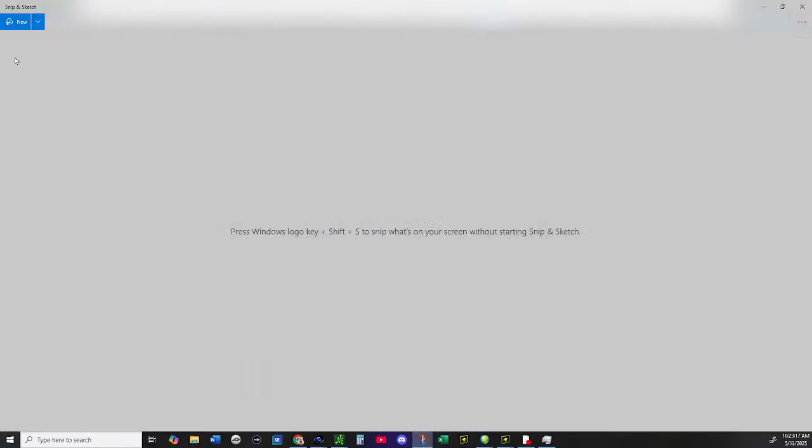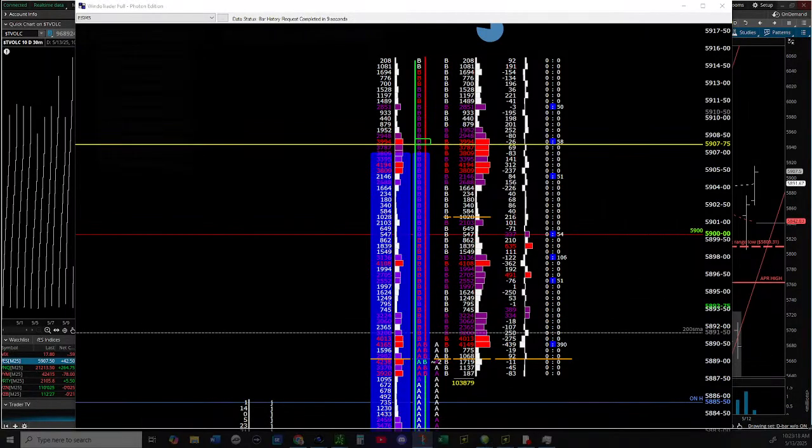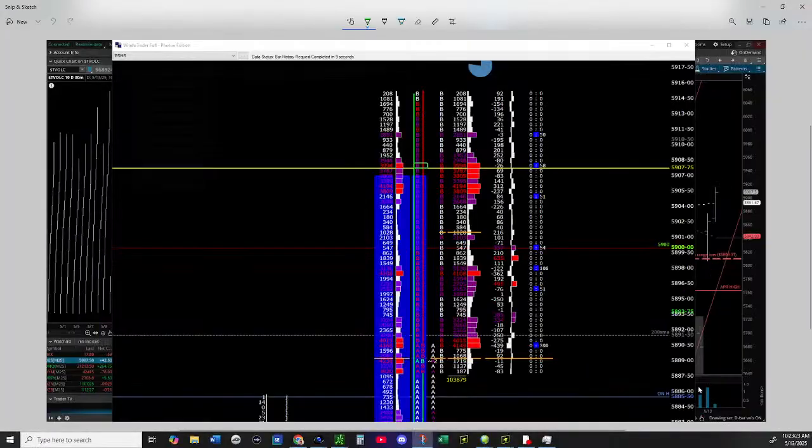I got this from Jim, right? And you see this so many times, but until you discover it for yourself, it doesn't matter how many times somebody tells you, you won't learn until you do it, right? This is the 200 moving average. This is the 200. This is 200.